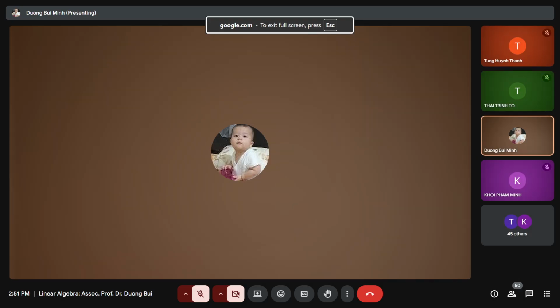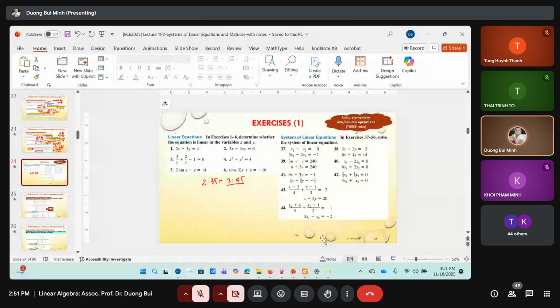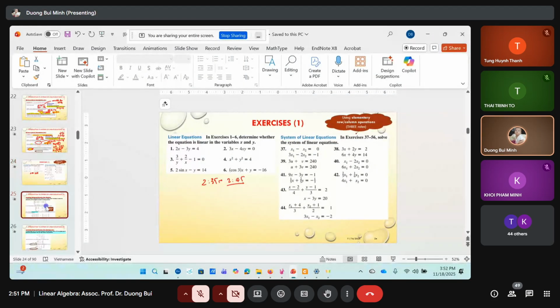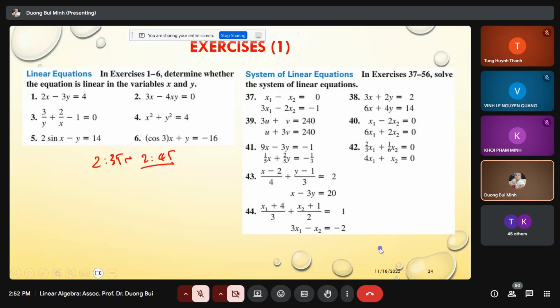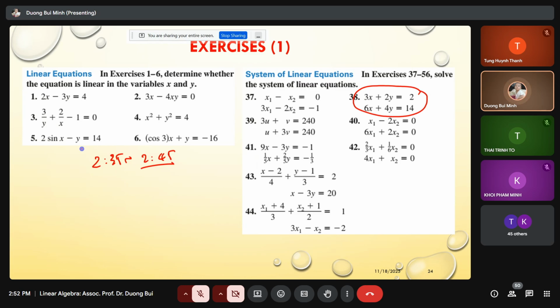Okay, so now we take an example. Maybe we should consider this one, right? So for now, to solve the system of linear equations, you try to modify this linear system to become row echelon form.